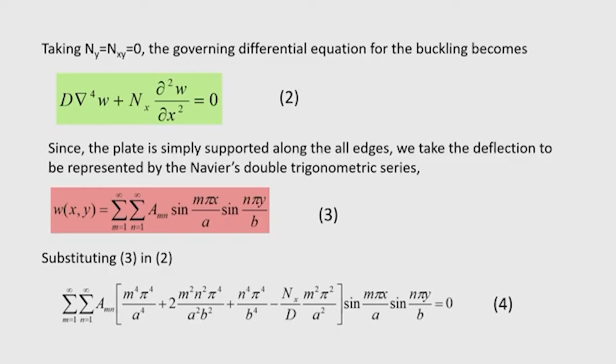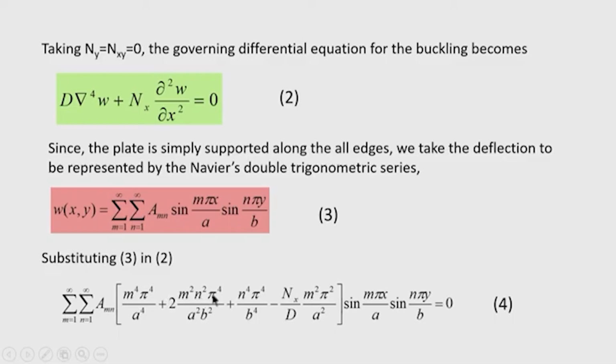Then again if I add another term, say a 1 2, a 1 2 is what? Say m is equal to 2, n is equal to 1. So, in the first term if I take m is equal to 2, then it becomes 2 to the power 4, that is 16, 16 pi to the power 4 by a to the power 4. Now, here m square, so 4, then n is 1.